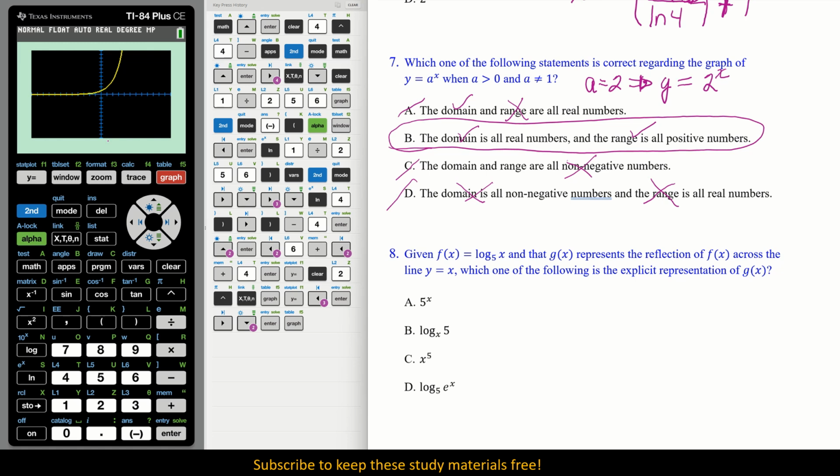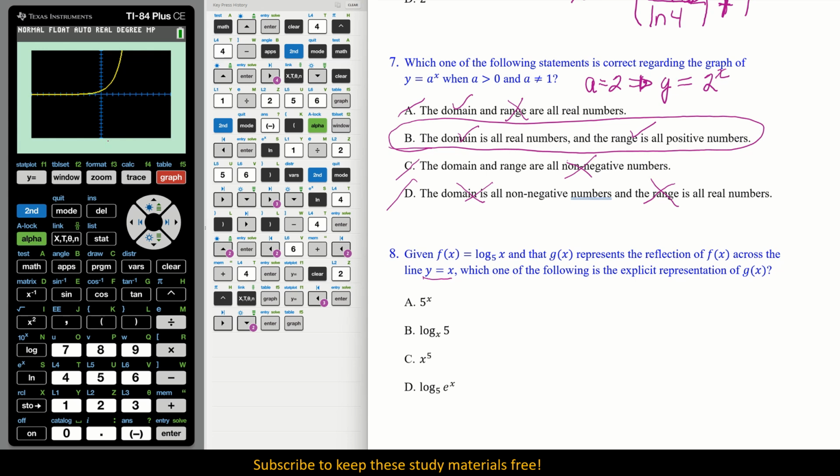Okay, let's look at number 8. Given f of x equals log base 5 of x, and that g of x represents the reflection of f of x across the line y equals x, which one of the following is the explicit representation of g of x?